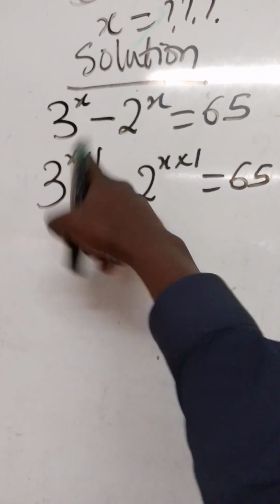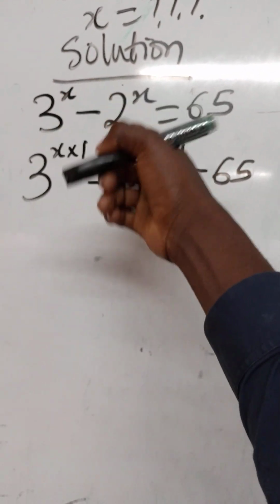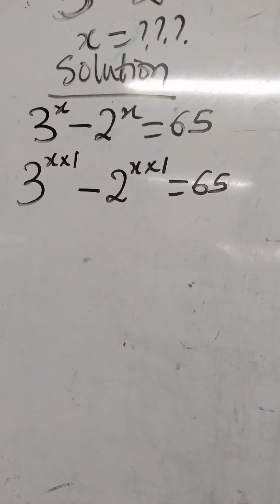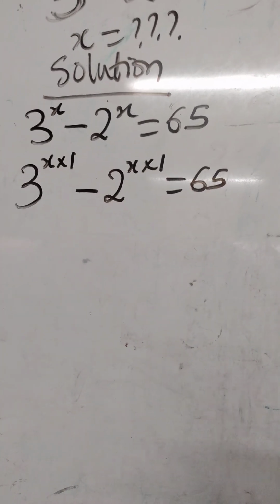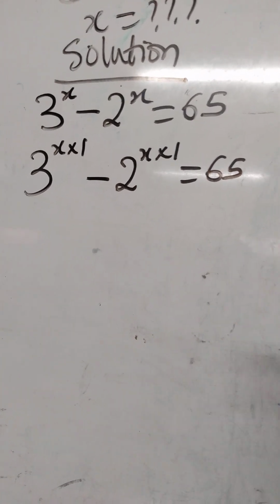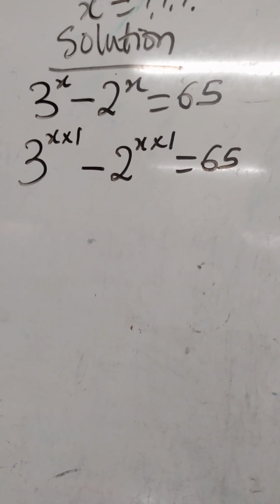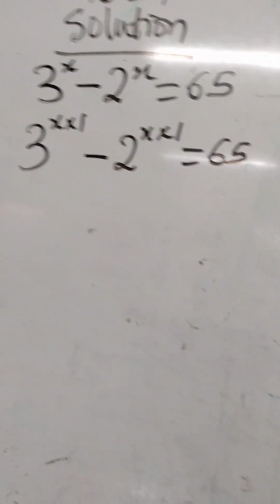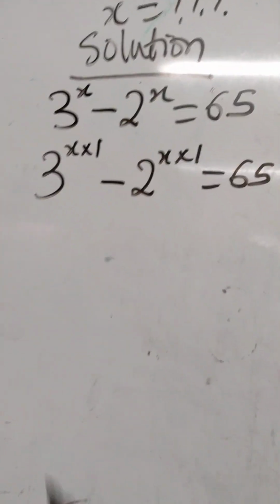In case you want to use 3 over 3 or 4 over 4, you can also get the same answer as the solution continues, but it's going to take longer lines of solution. So it's better we use 2 over 2 so that we deal with something simpler.